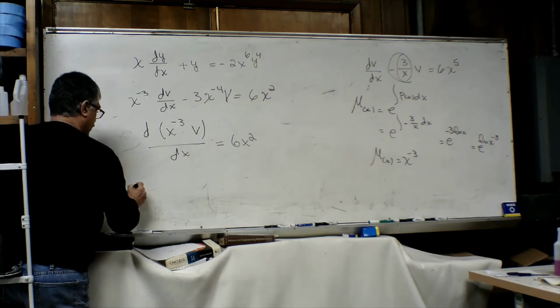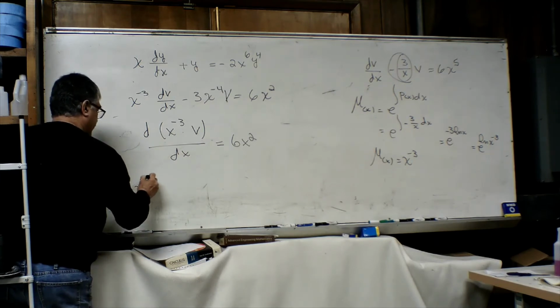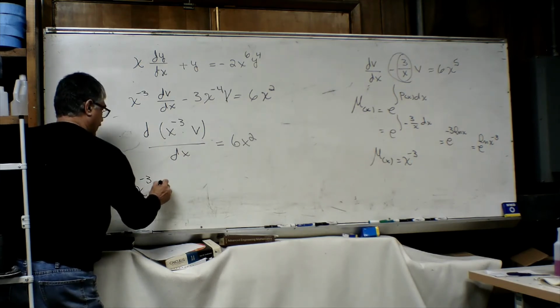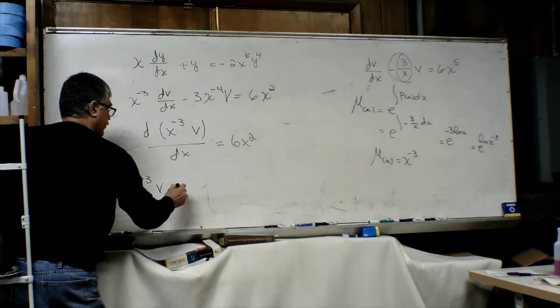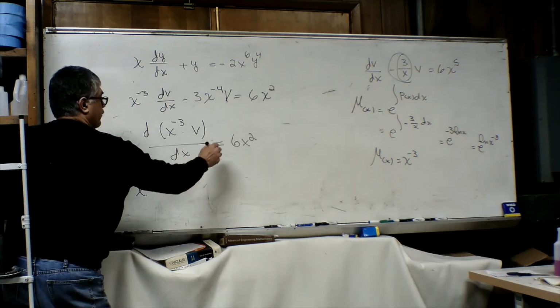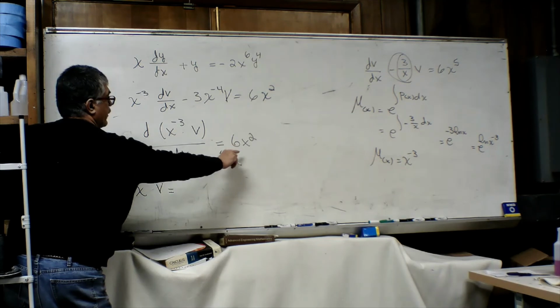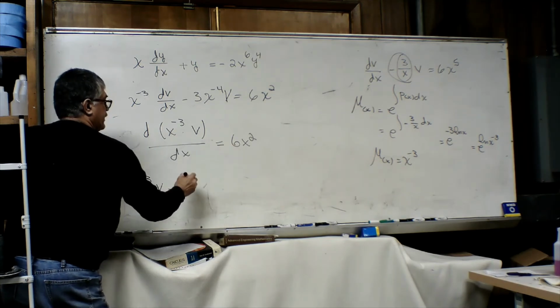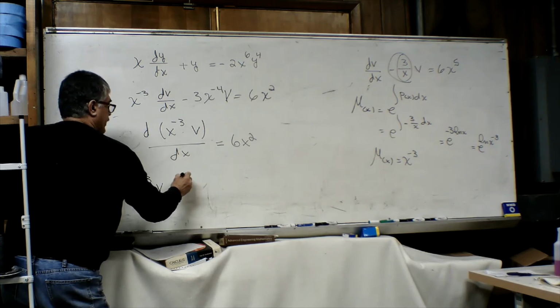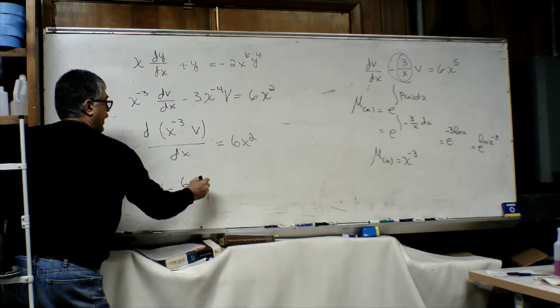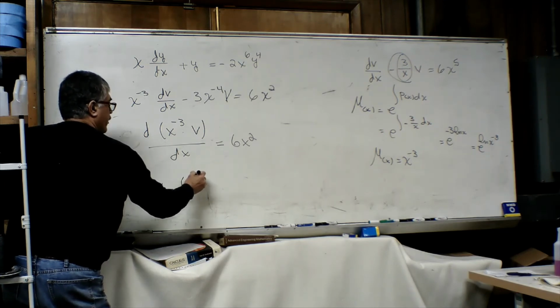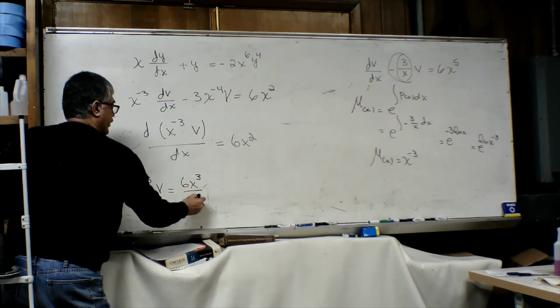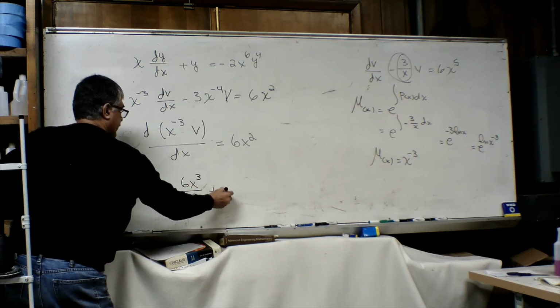On left side, we are going to have x to power minus 3 v equal to integration of this side, which will be 6 x to power 3 divided by 3 plus a constant.